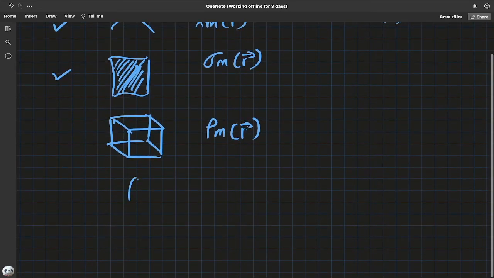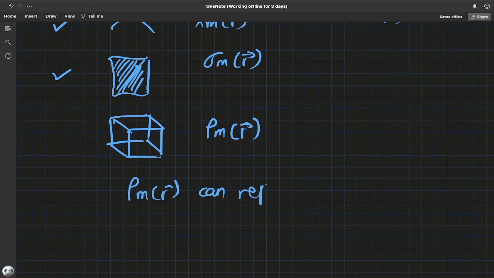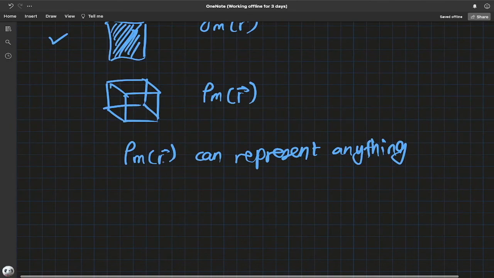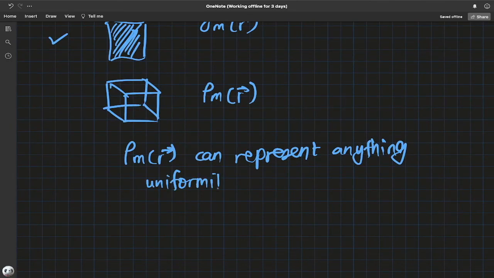So a volume density can represent anything. It can be a one manifold like a curve, a two manifold like a sheet, or a zero manifold like this point. So we have a uniformity in terms of what type of function to choose. We just use the volume density function.